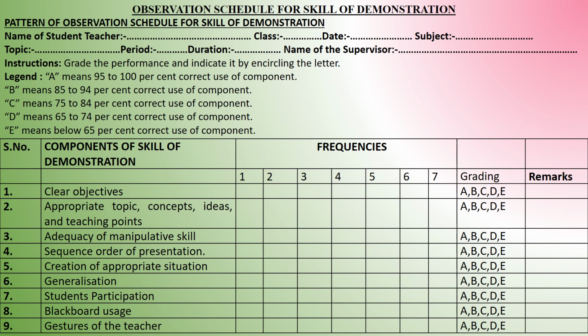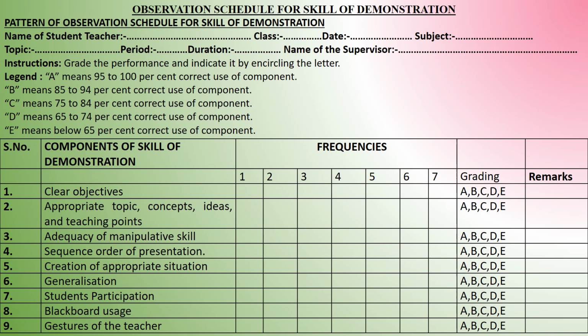After this, the observation schedule will be divided into 5 columns. In the first column, the serial number will be written. In the second column, the components of demonstration skill in micro teaching will be written.